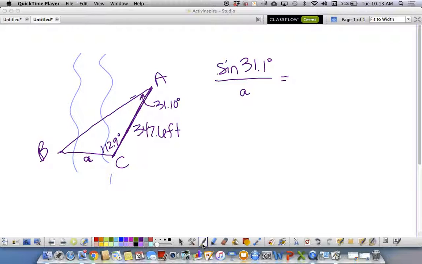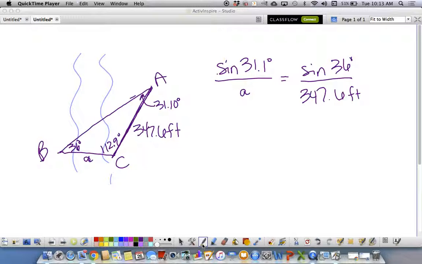Yeah. So sine B, or sine of 36 degrees over 347.6 feet. Can I ask you a question? Before you start doing any math, logically, should side A be bigger or smaller than 347?